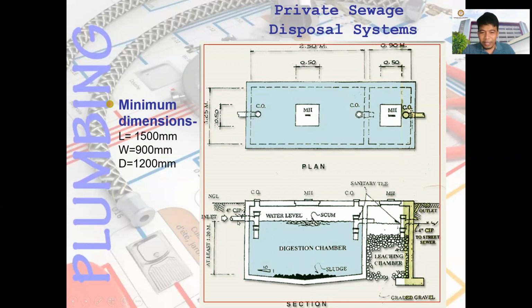So you have, since this is 4 inches, so half of that is 50. So invert meaning that is the lowest point of the diameter of the pipe, invert. Okay, so that is the lowest point of the diameter of the pipe, that is the invert for the inlet. And then for the outlet, so the invert here is this one, so maybe that is 50 millimeter distance from the inlet invert to the outlet invert.